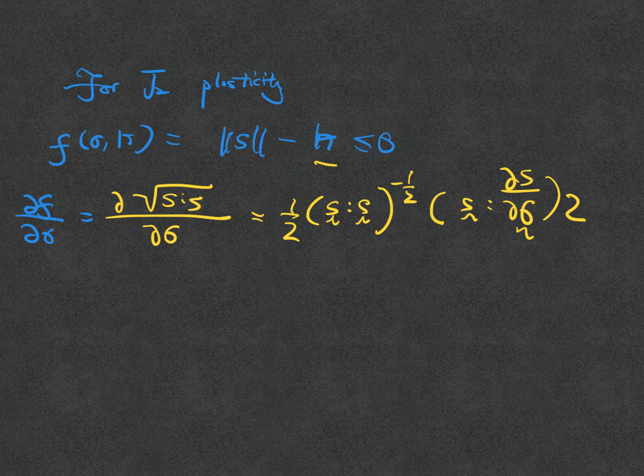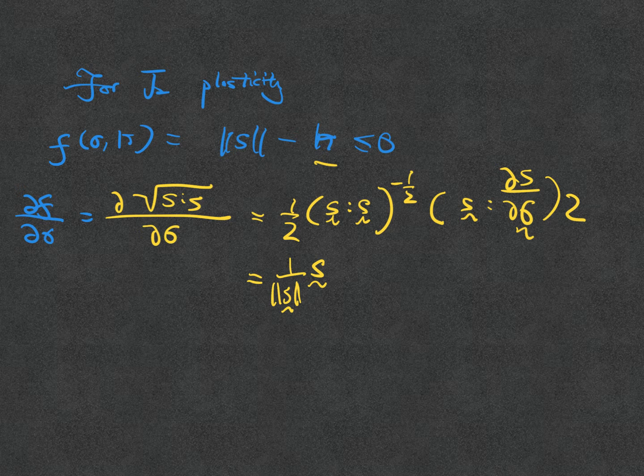Okay, if you remember what we talked about in the last lecture, we will have the deviatoric stress divided by the magnitude of the deviatoric stress, which just gives us the direction left.